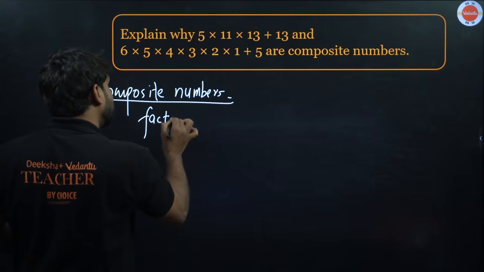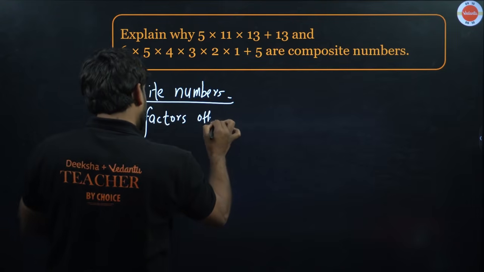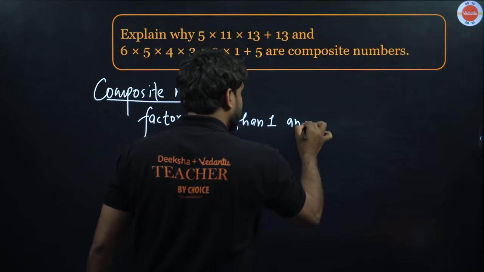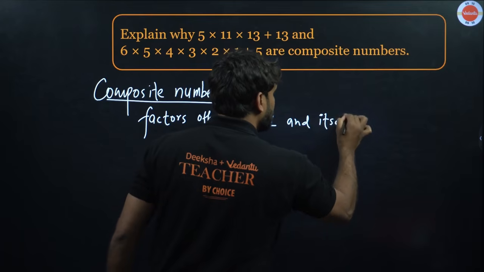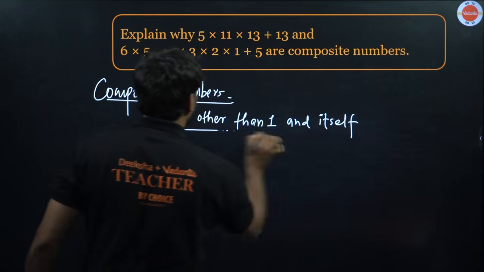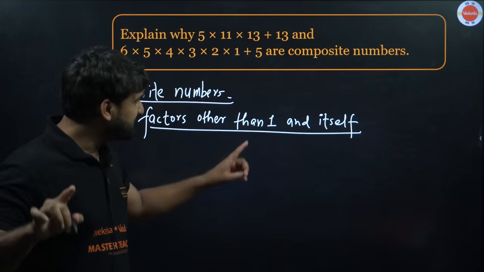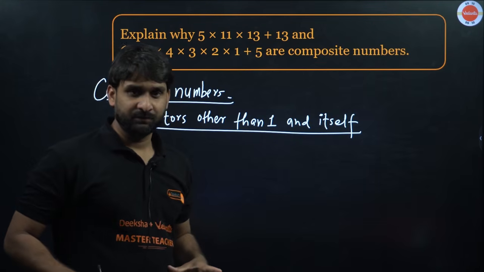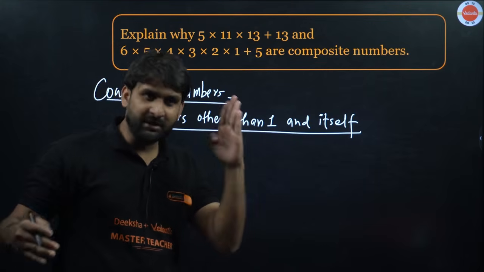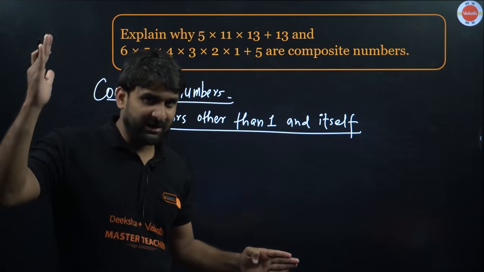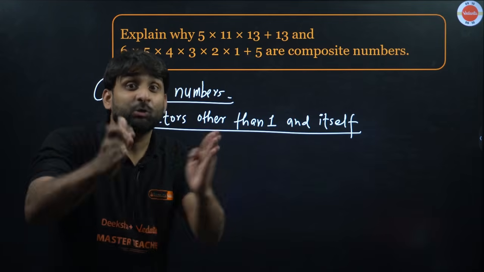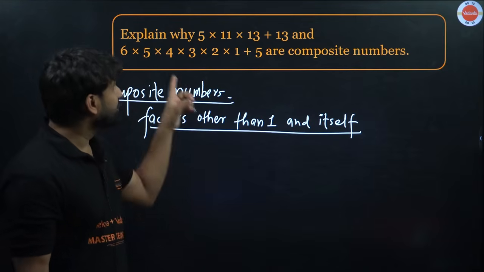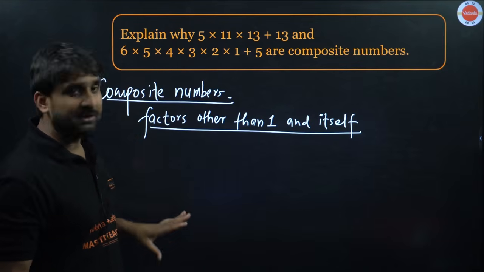The numbers which have factors other than 1 and itself, more than 2 factors. Like 6: 6 can be divided by 1, by 6, and by 2 and 3 also. So there are 2 more factors, so that is a composite number. We have to prove whether the given numbers are composite or not.